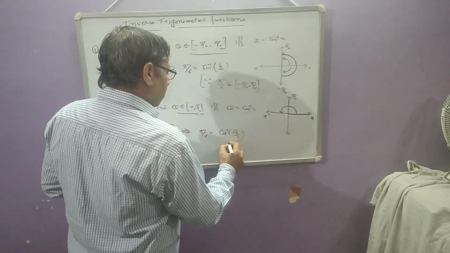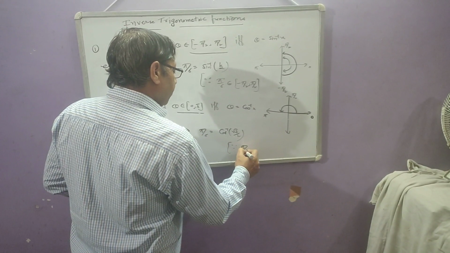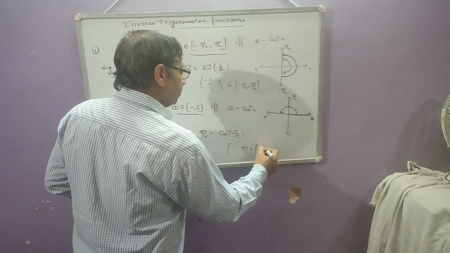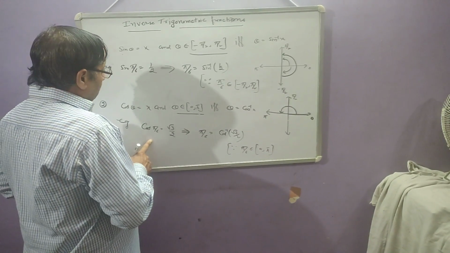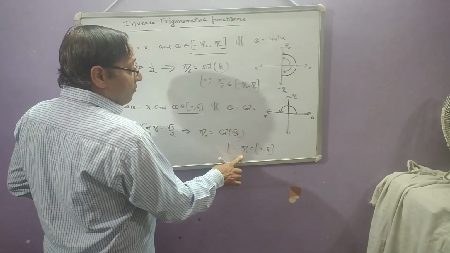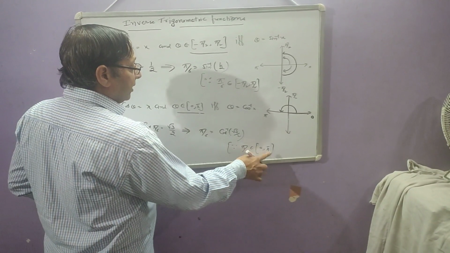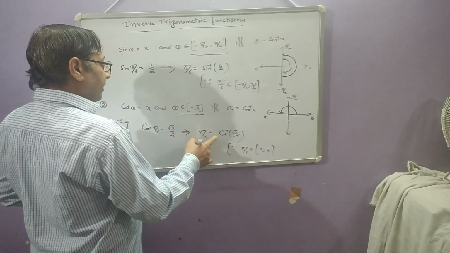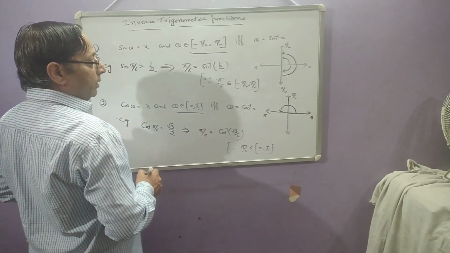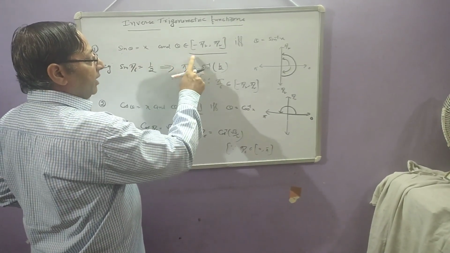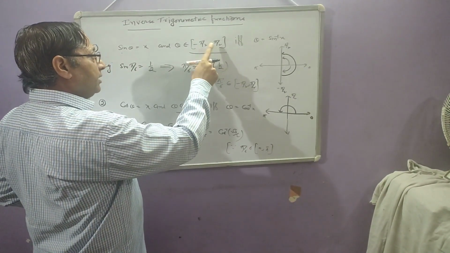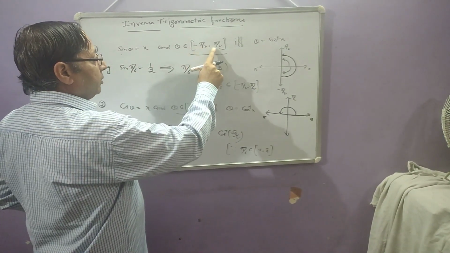It is because this angle pi by 6 belongs to the interval 0 to pi, and this is defined only whenever the angle of the cosine belongs to the interval 0 to pi. Otherwise it is not defined in the inverse trigonometry function. Similarly, the inverse trigonometry function is not defined whenever the angle does not belong to this interval minus pi by 2 to pi by 2.